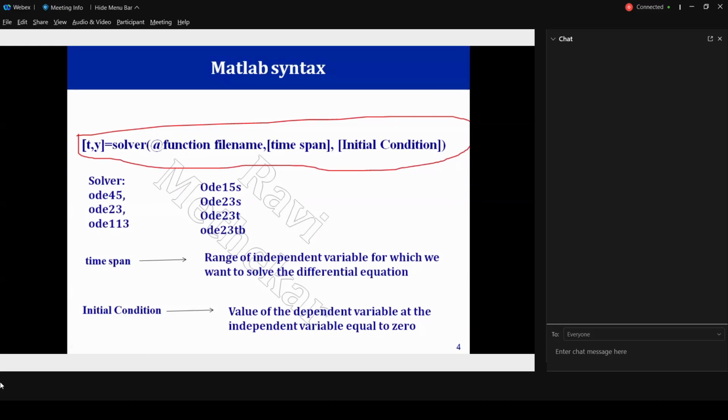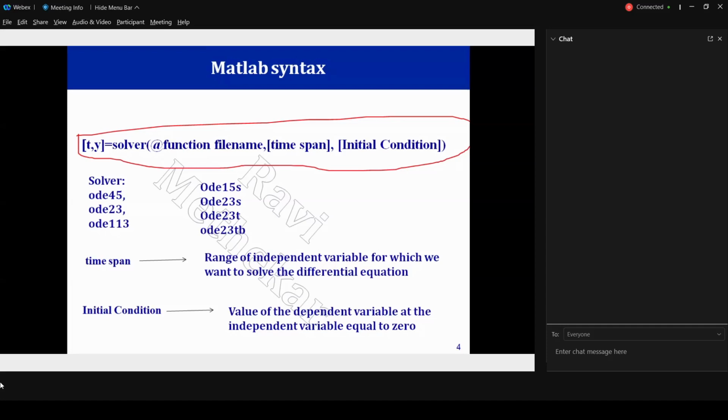Before going to the syntax, let me explain how we solve a differential equation by using pen and paper. You might have gone through this. For example, if I have dx by dt and I want to solve it, we can discretize it.